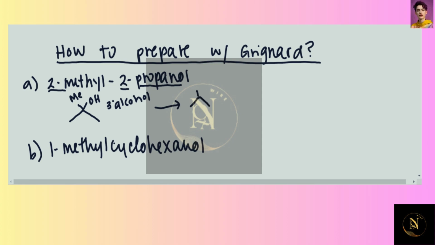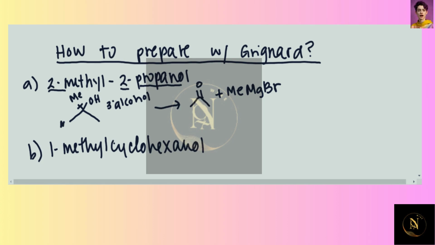So if we draw the ketone, we see that we can sever this linkage and add methyl magnesium bromide. We also know that if 2 or more alkyl groups are the same, we can use an ester, because an ester is going to add twice.